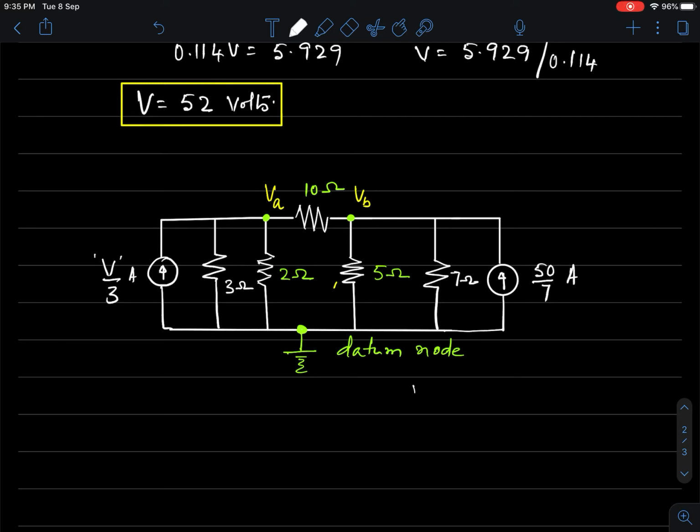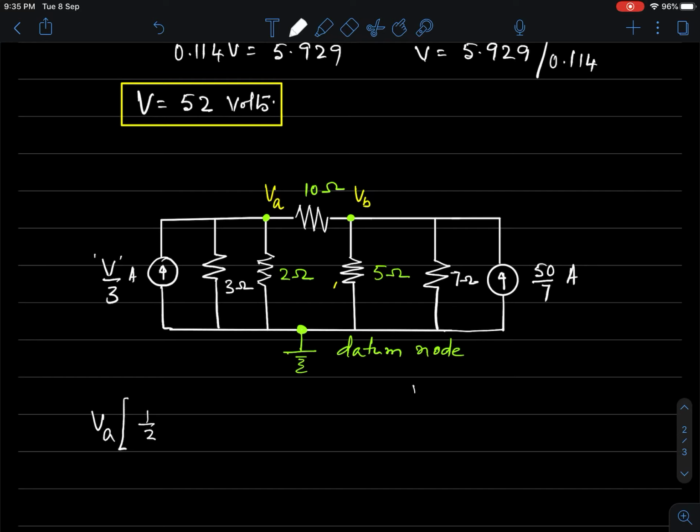Now how to write the equation by inspection? There are only 3 nodes. One is the datum node, another are VA and VB. If I write by inspection, it is the first node, VA, into the sum of all the admittances meeting at that node.